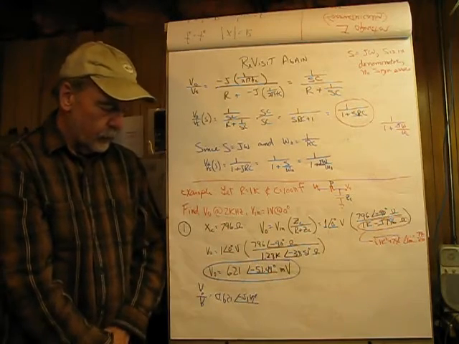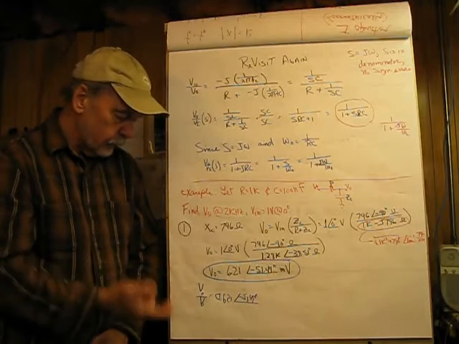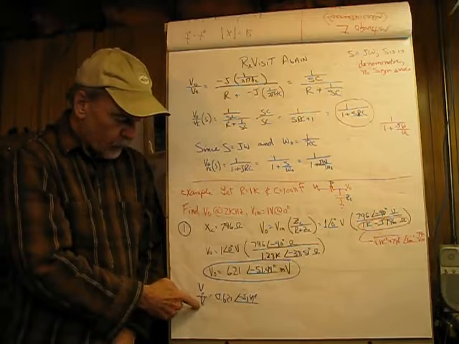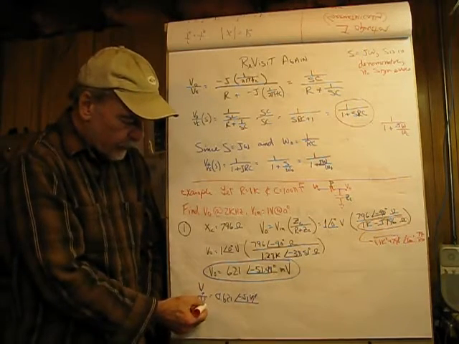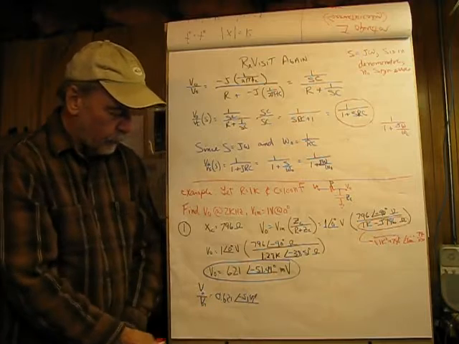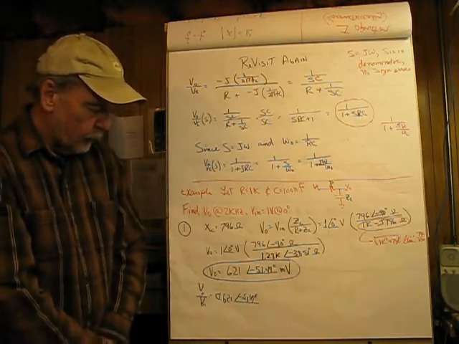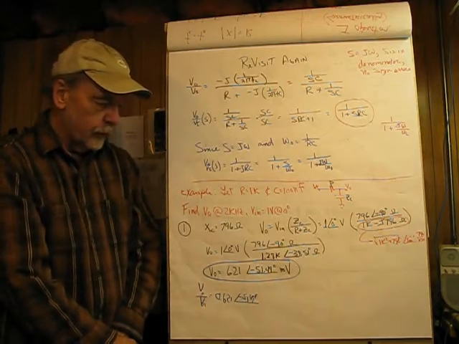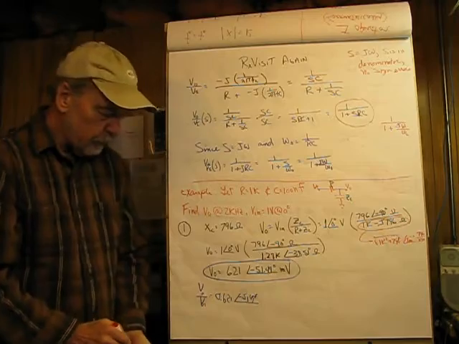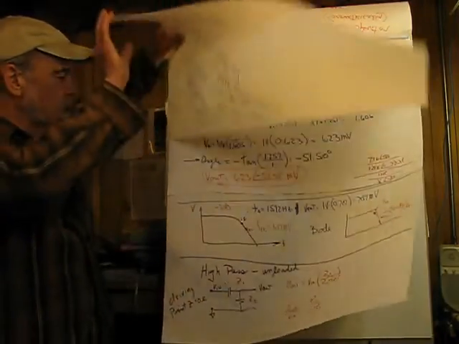So if we elected to display this as a circuit transform, we would just take the output voltage divided by the input voltage and state that that's equal to 0.621 at an angle of negative 51.49 degrees, and that would be at 2 kilohertz. So that would be how that would change the circuit. So that's our first example.